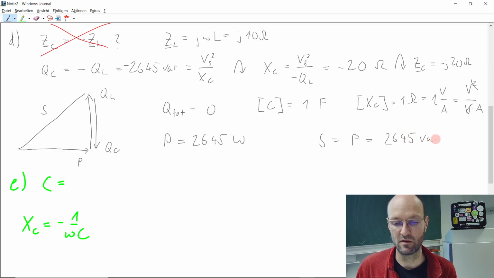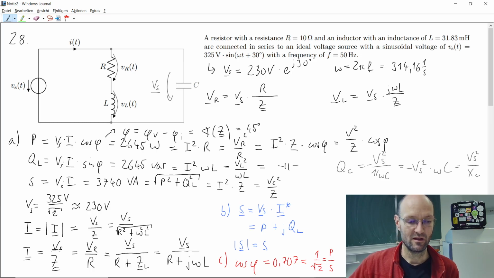2645 volt ampere. And now this is the nice thing about this reactive power compensation, because if you compare with what we did before, the real power, the effective power, the active power, this stayed the same, but the apparent power went down.